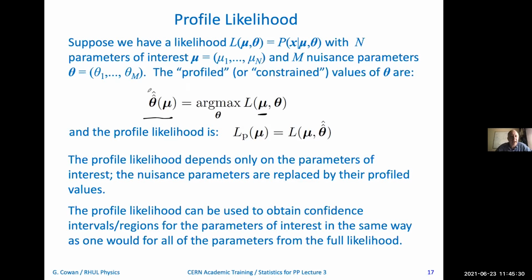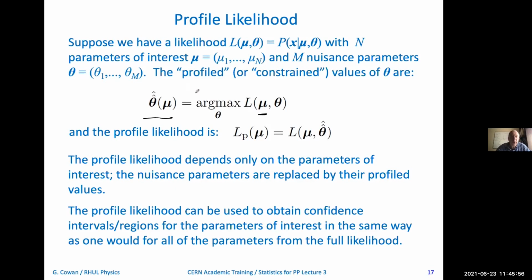Right, so first, I use this double hat notation to denote these profiled or constrained values. In some references, sometimes only a single hat is used, but then with a subscript mu. Anyway, there are different notations. But the point here is that these are computed by fixing the value of mu and then adjusting theta to maximize the likelihood.